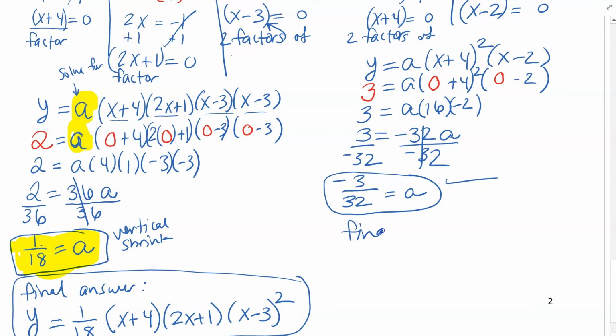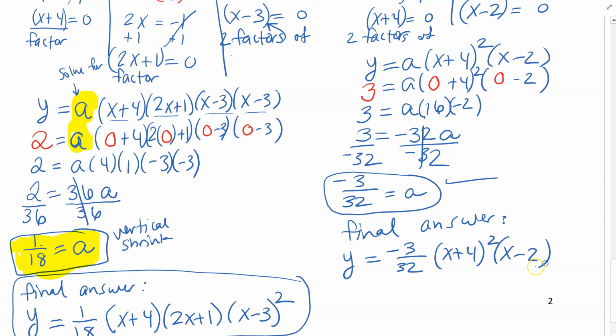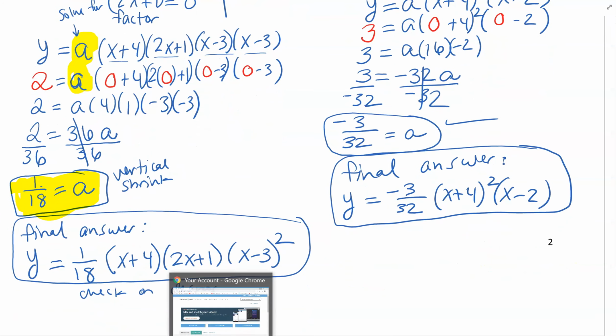So final answer for this one: I will have my y equal to the a value of negative 3 over 32 times my 2 factors of x plus 4 times my linear factor of x minus 2. And again, I highly encourage you to check these on Desmos, and maybe I'll go ahead and do that now.